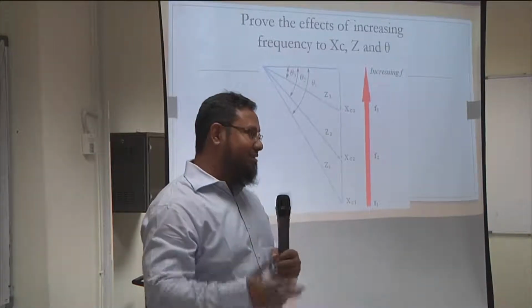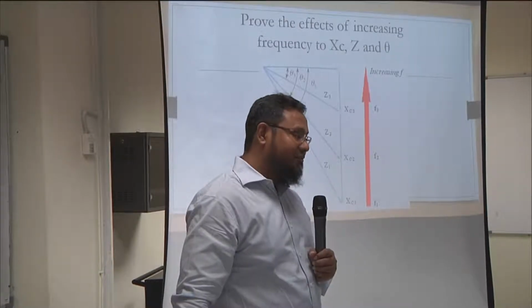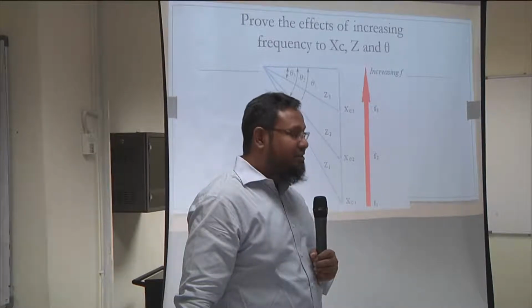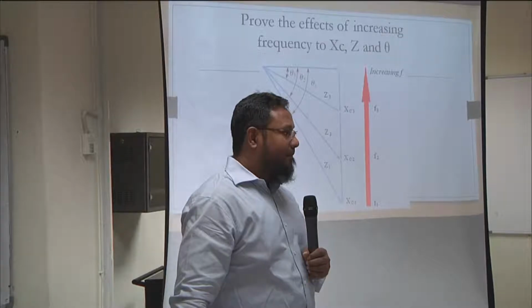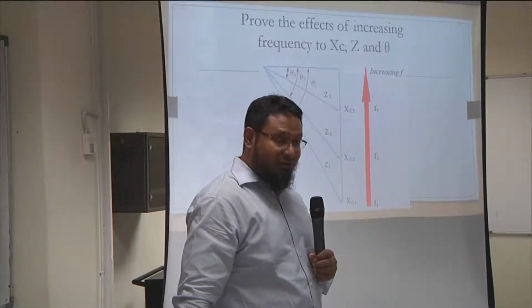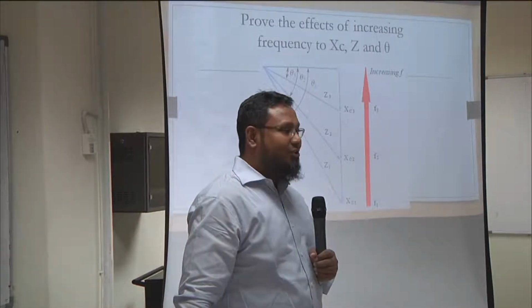So basically it's the opposite case that's going to happen in case of inductor. In case of infinite frequency, you are going to have infinite impedance, and in case of 0 frequency or DC, you are going to have short circuit.